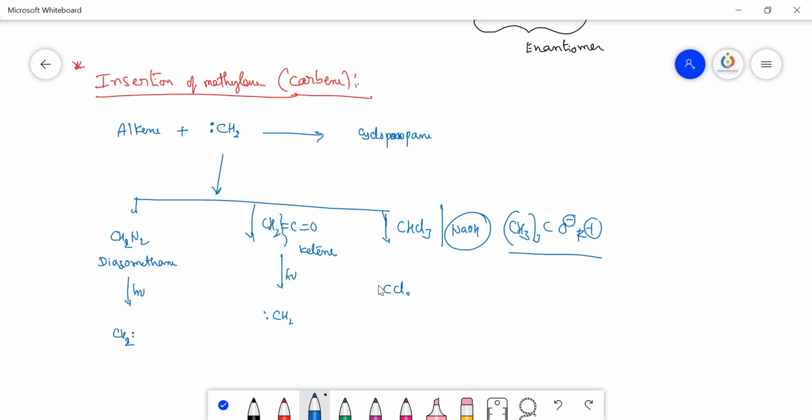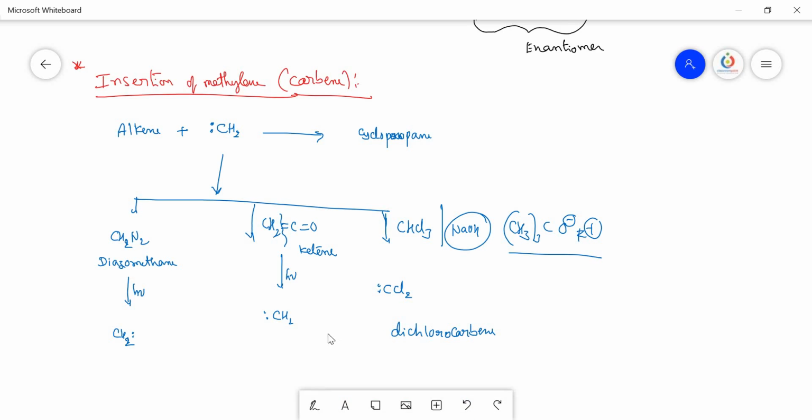It forms CCl2, dichlorocarbene. This is methylene. The CH2 part itself is called a methylene. So this methylene group, whenever added to the alkene, just like epoxidation where we added the oxygen, here we will add the CH2 group.